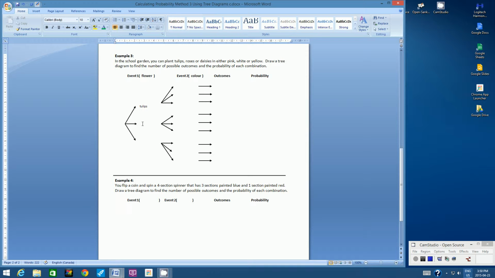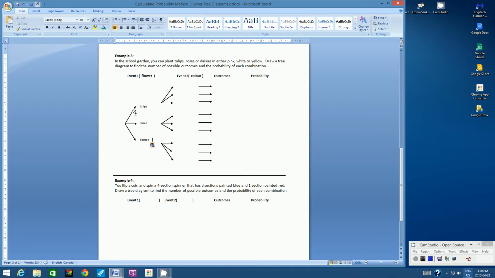The second choice of flower was roses. And then the third choice of flower was daisies. Okay, maybe that's this line down here. Daisies. All right, so that's event 1.